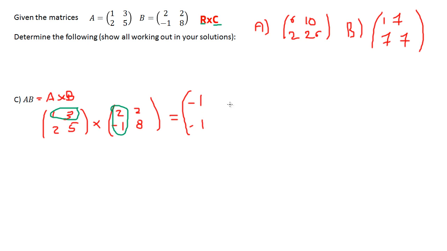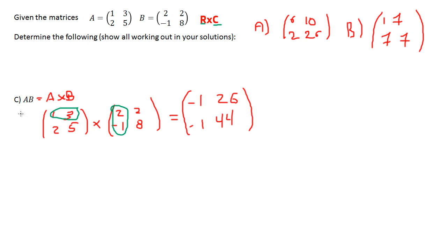Now we've got to work out the second column using the same rows. So 1 times 2 is 2, plus 3 times 8, which is 24. So 2 plus 24 is 26. 2 times 2 is 4, plus 5 times 8, which is 40. Adding them together we get 44.